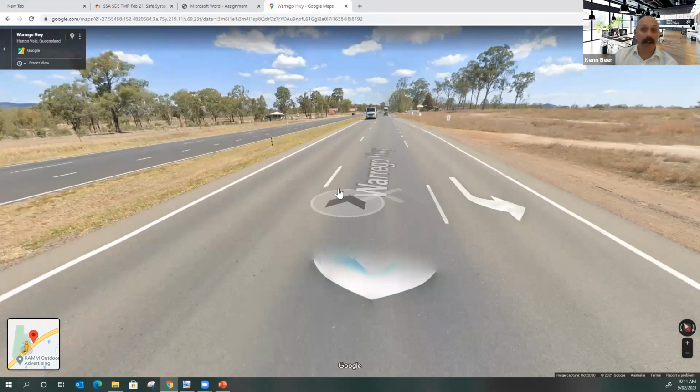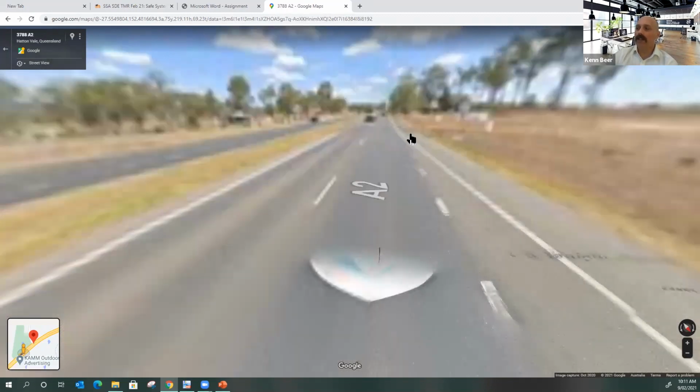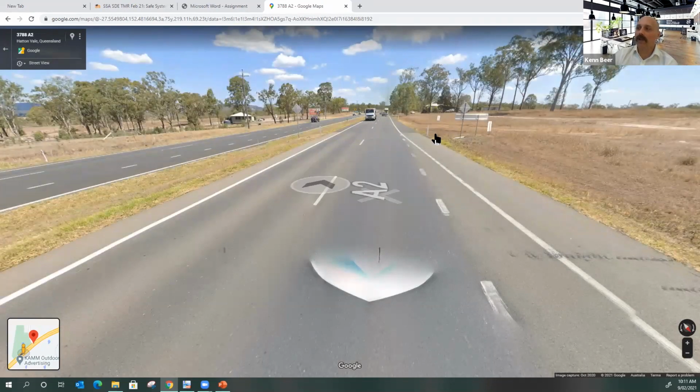Doesn't eliminate run-off road, absolutely not, but it reduces the likelihood. We know there are more run-off road crashes where there are curves as well. There's a small sealed shoulder there, so that's probably going to lessen the likelihood, and the line marking is fairly good. There are guideposts. So these are all things that are maybe bringing the likelihood down a little bit.